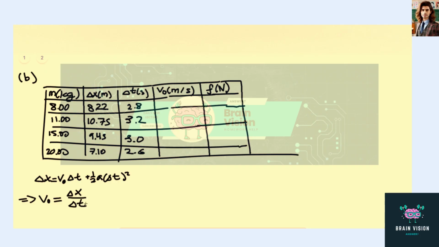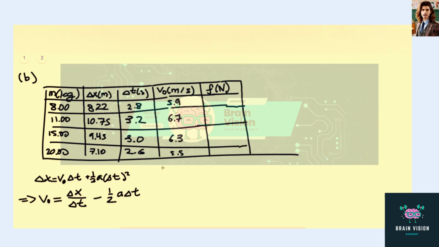So if we divide both sides by delta t, and then isolate v naught, we get this equation. This is what we're using to solve for initial velocity. We just solve for the acceleration. But note that it is a deceleration, so it comes with a minus sign. Plug in those numbers, and you can fill in this column for initial velocities.